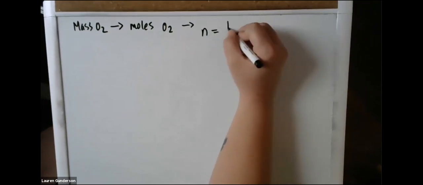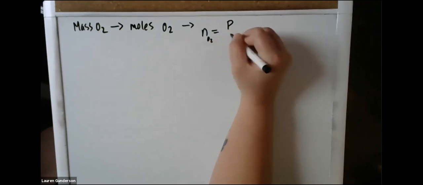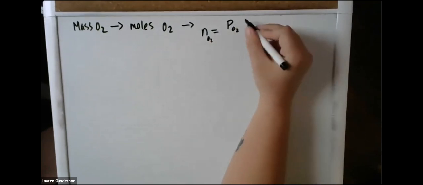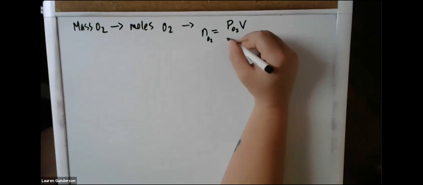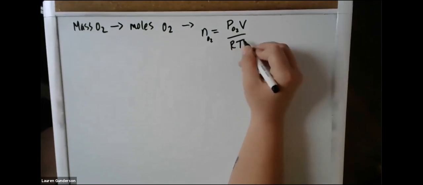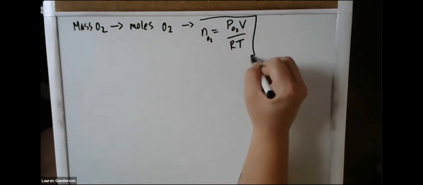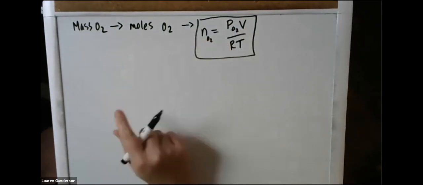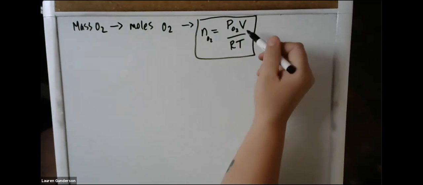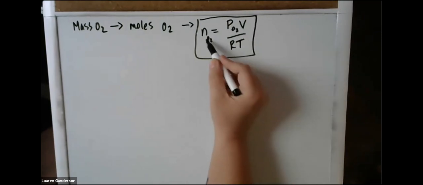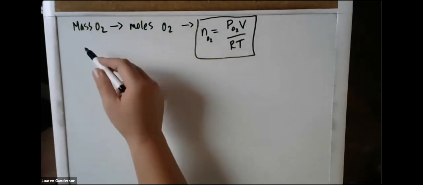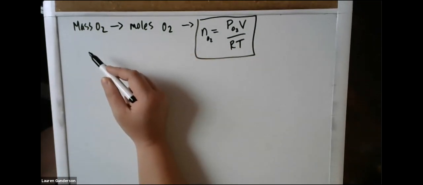So moles equals the pressure of oxygen gas times the volume over RT. So this is what we're aiming to fill out. If we can find all the information to fill out this part of our equation, we'll be able to solve for the moles of oxygen gas. Once we know the moles of oxygen gas, then we can find the mass of oxygen gas.